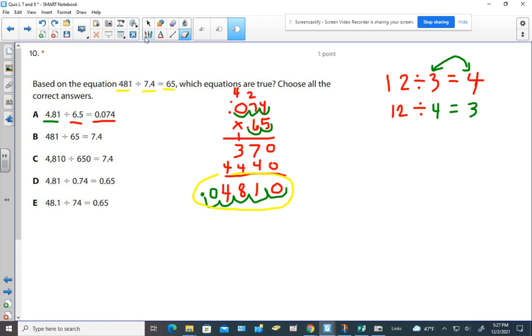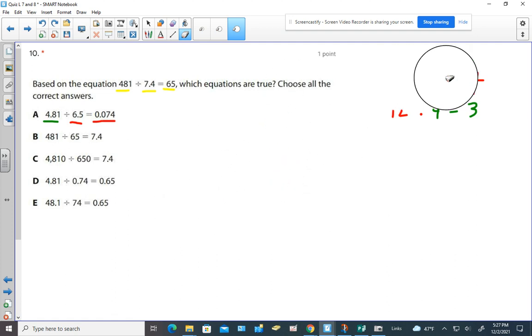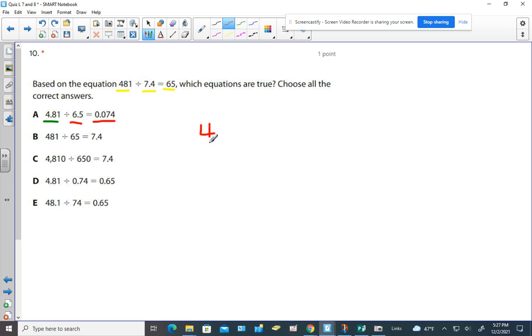If you don't like the idea of checking to see if this times this equals this, then the other strategy would be just understanding about moving the decimal. So let's go back to this original equation, knowing that it equals 65.